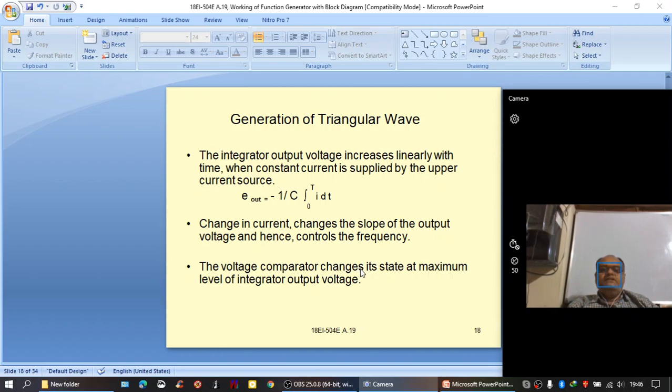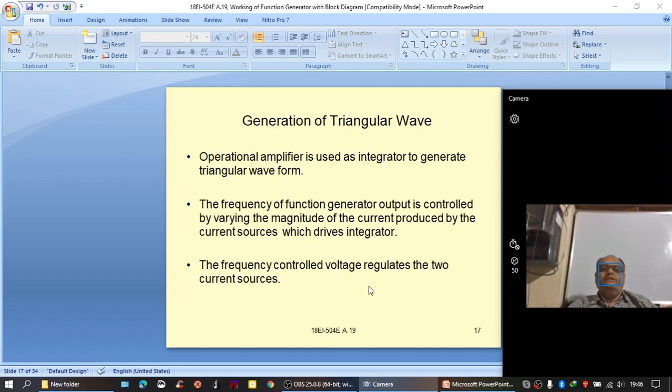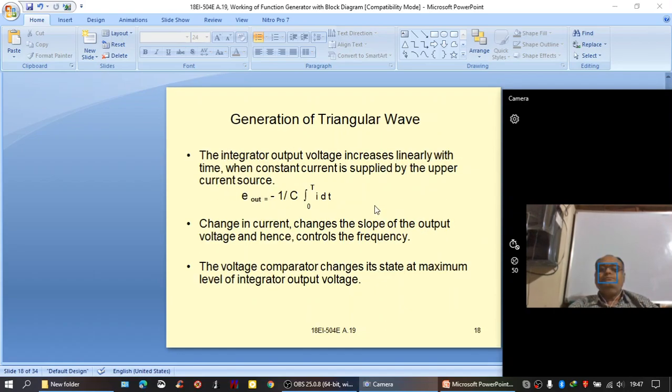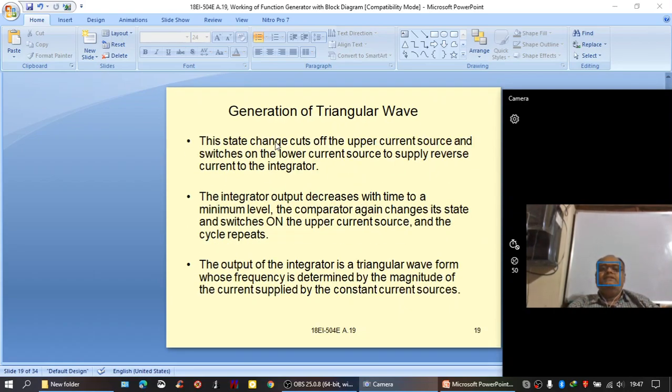The voltage comparator changes its state at the maximum level of the integrator output voltage. At this portion, it changes its output from high to low. This state change cuts off the upper constant current source and switches on the lower current source to supply reverse current to the integrator.